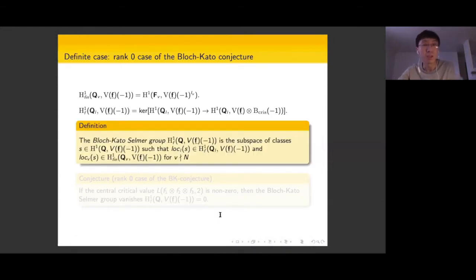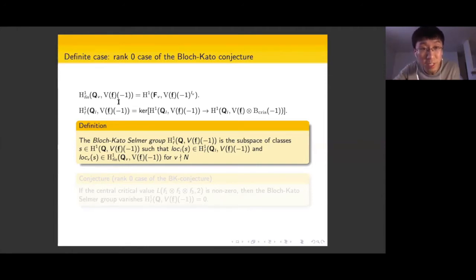Then I would define the Bloch-Kato Selmer group to be the subspace of classes S of the global Galois cohomology of Q, such that locally at L, this class should lie in the Bloch-Kato finite part, and at places not dividing N, this S should lie in the finite part, defined as above. Okay.